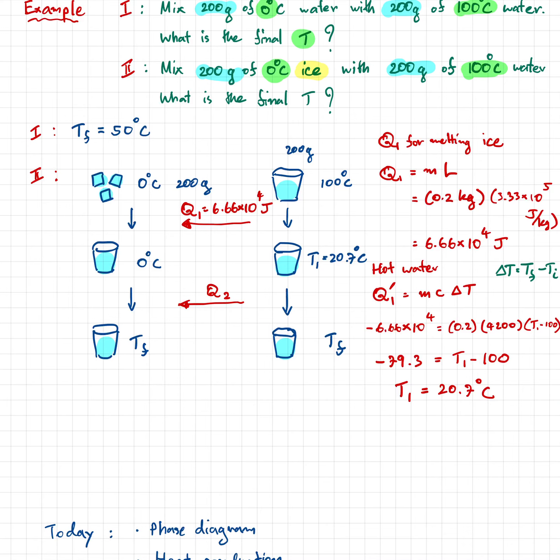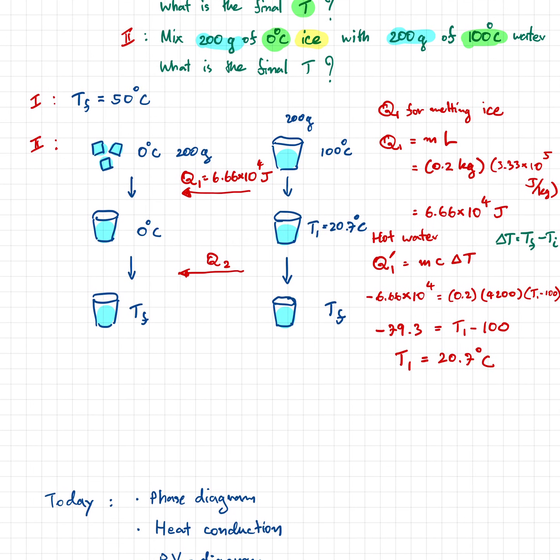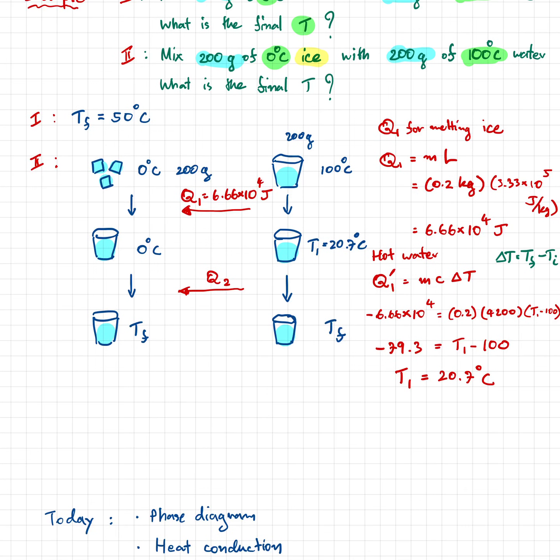All right, so let's proceed to the next step. The next step is to mix the water. This one is 200 and 200 grams, so you can just do the average and get the answer right away. But I'm going to show you the proper way of doing it, and in the end you're going to get the same answer anyway. So we're going to calculate what TF is.